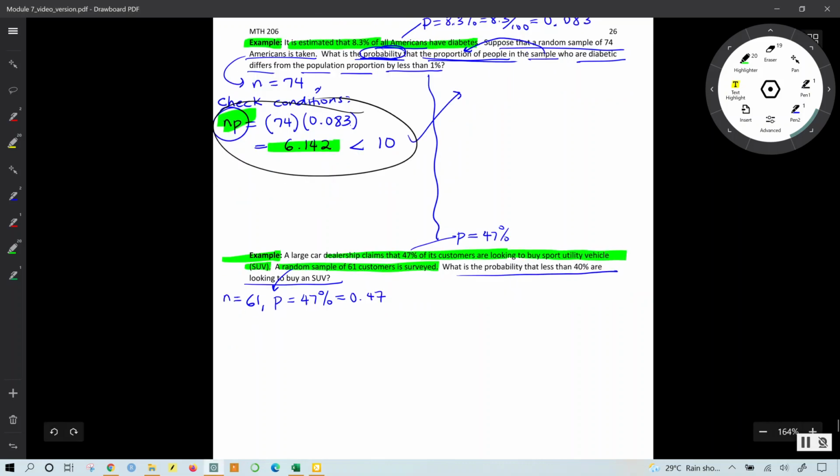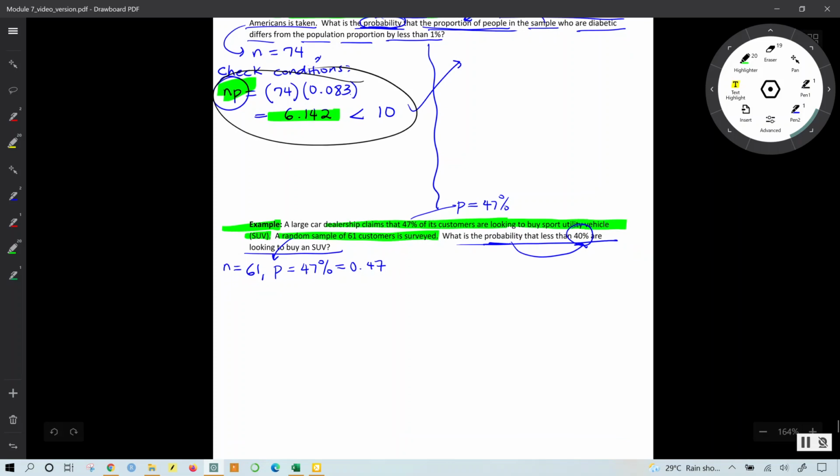To find the required probability connected to the sample proportion, we will need to find the sampling distribution of the sample proportion, which can have the normal distribution only if certain conditions are met. So let's check the conditions again. We will need to first multiply n times p, which will be 61 multiplied by 0.47, and that is equal to 28.67.